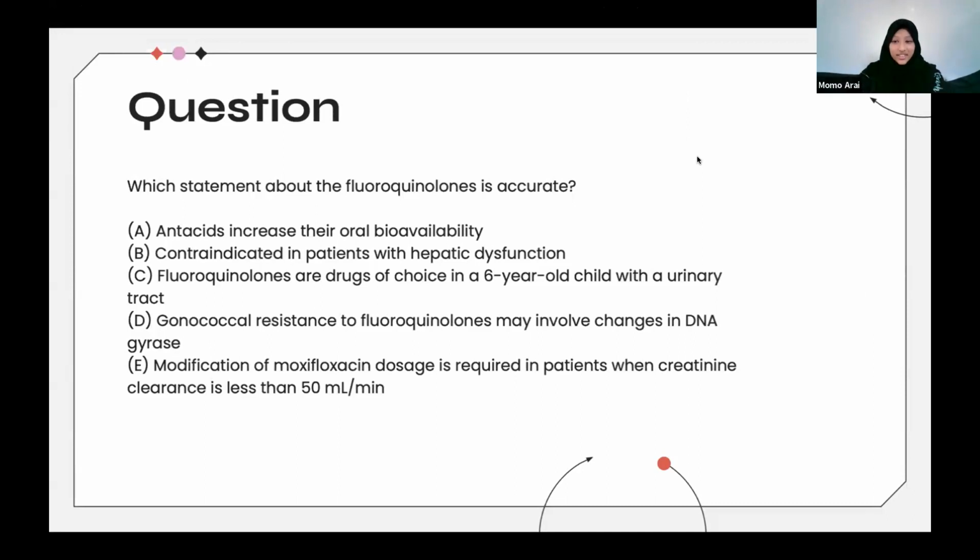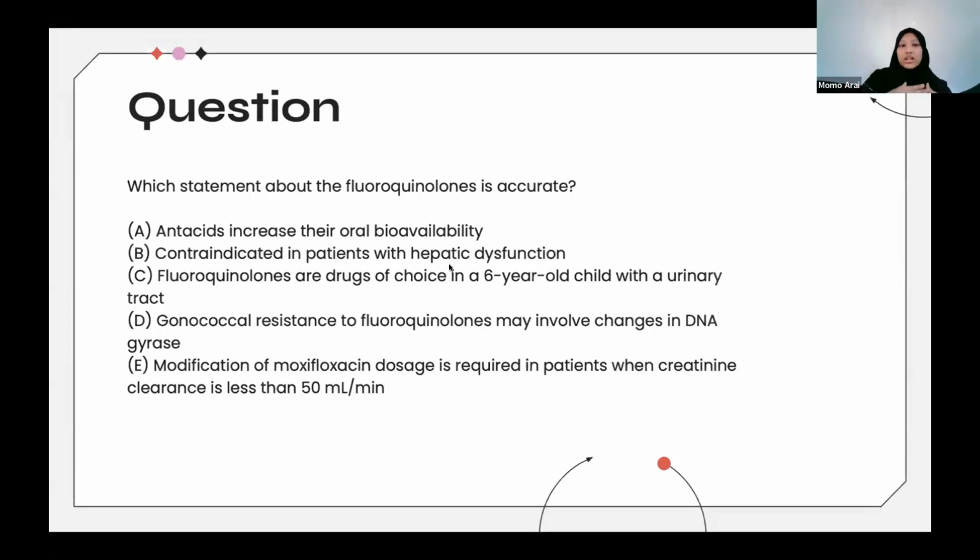The main contraindications for fluoroquinolones is you can't give it to children, anyone under 18, or elderly, because it causes tendinitis, and it's usually not the first line treatment at all in elderly or children. So you can cross out C as wrong.